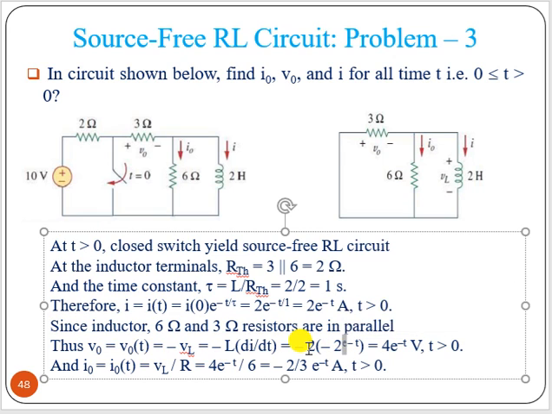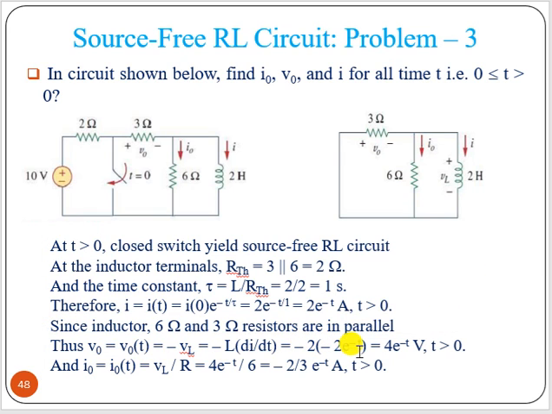Then you can find out this value as 4 e to the minus t. Then you can find out this I0, that is VL divided by R. So you get the value of I0 that is flowing through the 6 ohm resistor.